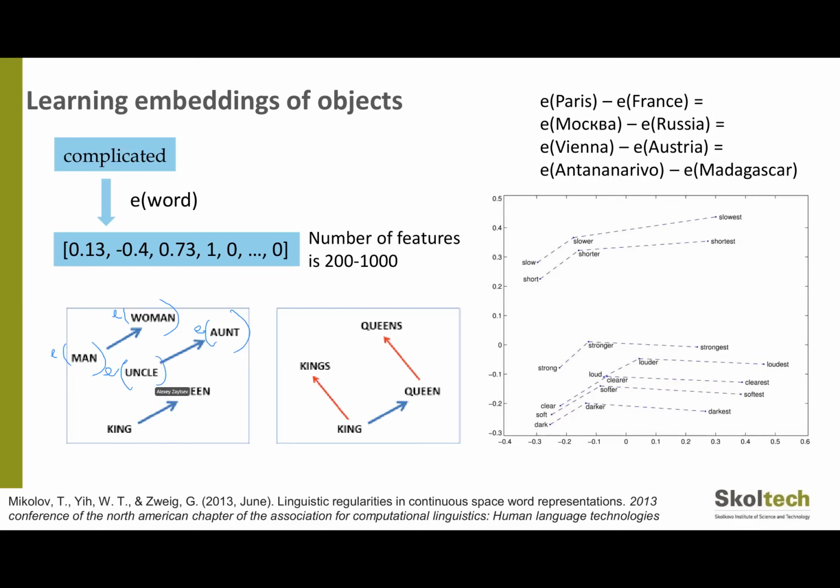And similar things occur between king and queen. So we kind of learn semantic relations between different objects. And in the same way we can go from singular to plural words. So we add some vector to our embedding, and we get these plural words here.